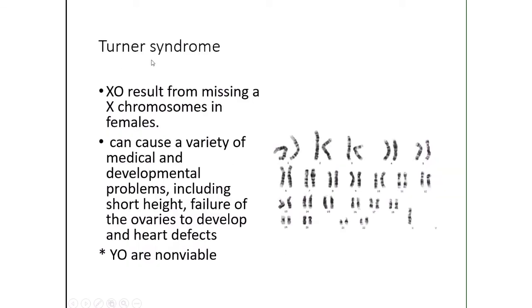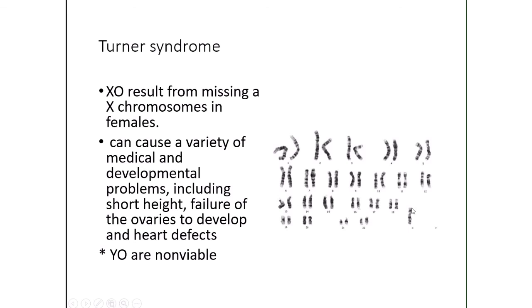Another one is called Turner syndrome. In Turner syndrome, we call it the XO genotype. Genotype is basically the genetic makeup of the individual, and that's as a result of missing an X chromosome in a female, and that could cause a variety of medical and developmental problems, such as short height, even in adulthood, failure of ovaries to develop, and so these individuals might also be sterile, and there could be heart defects as well.